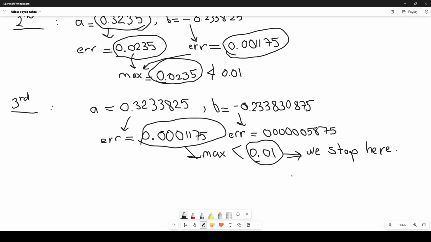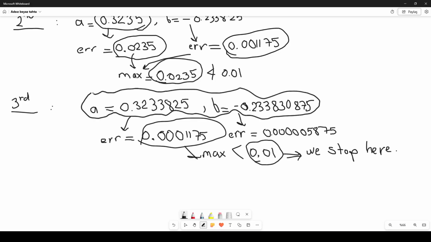Okay, and that's the end of our computational procedure to apply the Gauss Seidel method. And what is our solution? It is simple. We produce our output with respect to the obtained results in the third iteration.